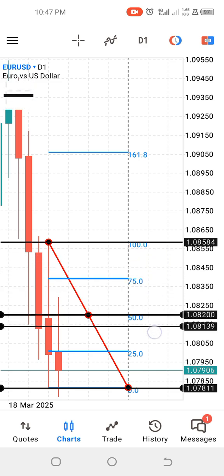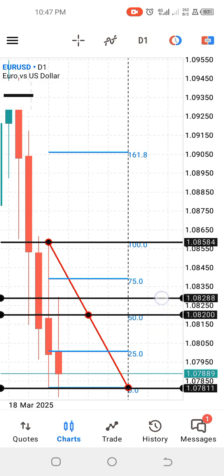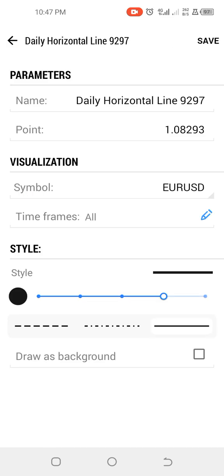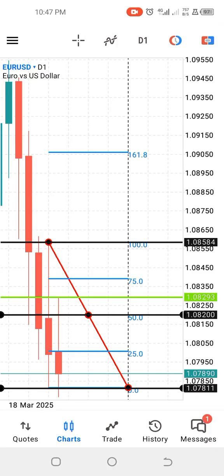Price respected that rule and traded above the 50% here. Let me change this horizontal line to, let's say, green. So price traded to that high before it started selling, as you can see from the color of this present day's candle.